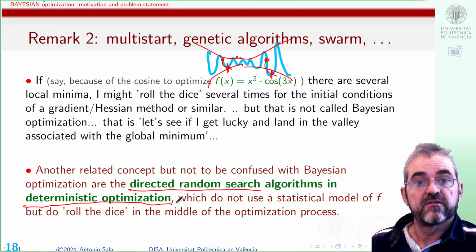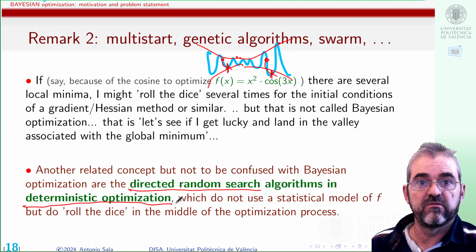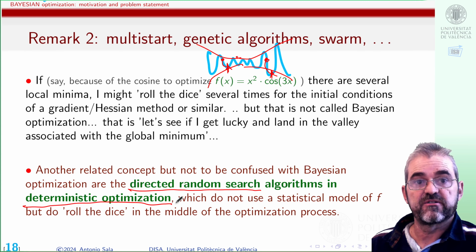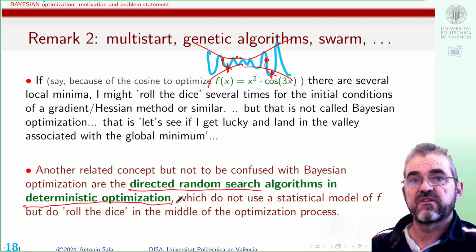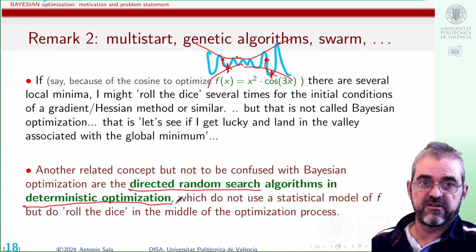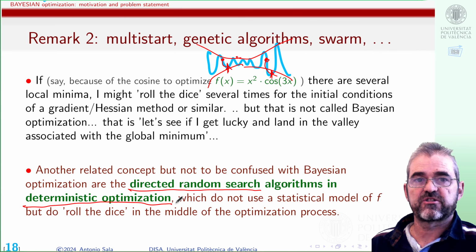But the underlying function we are modeling does not have a statistical model. It's deterministic. We are dealing with deterministic optimization, even if we throw the dice in this directed random search, genetic algorithm, evolutionary swarm, whatever interpretations of optimization. But this is not Bayesian optimization. This is just a way to escape the locality of derivative-based deterministic optimization.